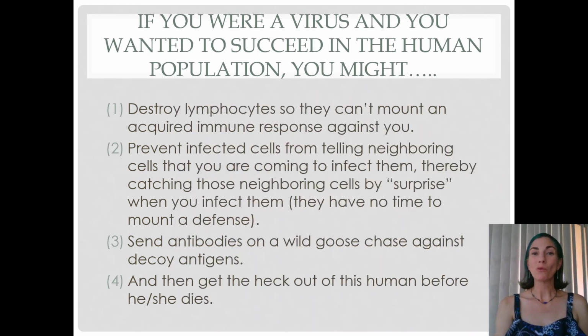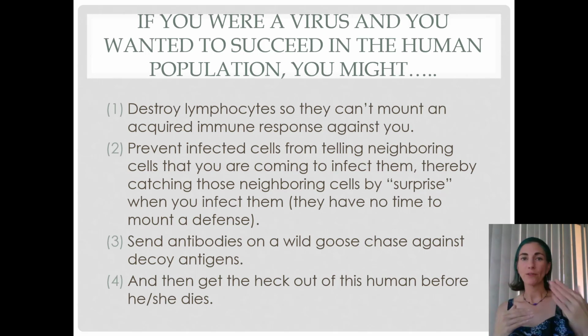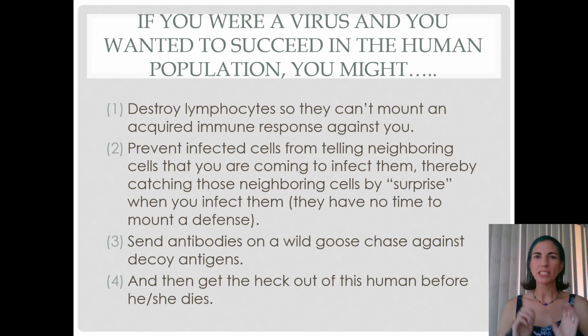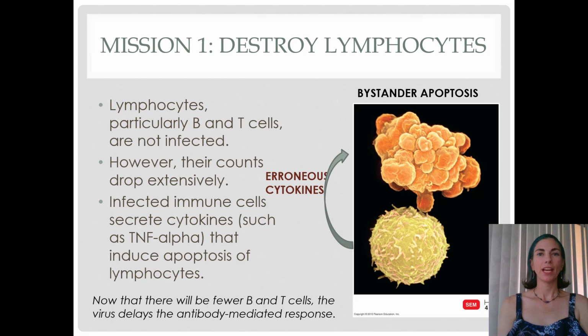So Ebola is really, really good at replicating extensively in the body by suppressing our immune system, preventing cells from talking to each other, sending our immune system on a wild goose chase, and then it's also really good at getting out of the human body before that human succumbs. Okay, let's take a look at these one by one.